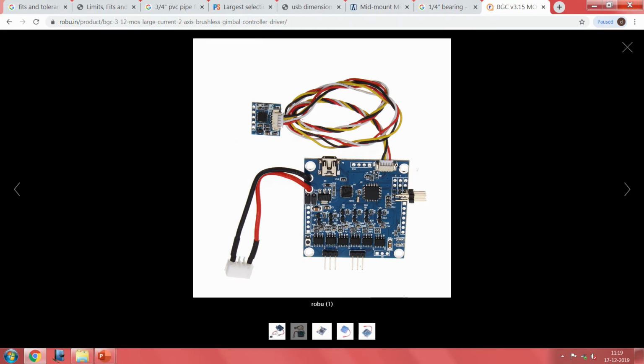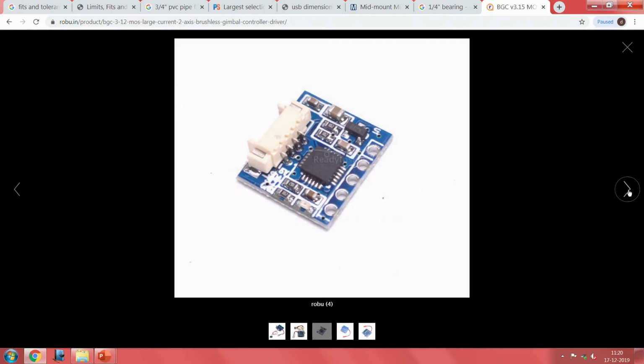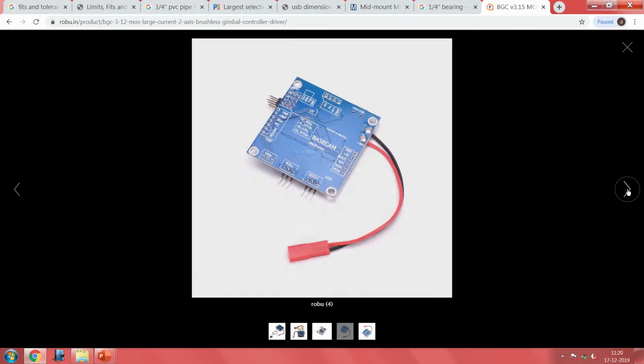What I wanted to tell you is, you see here in the 4 corners there are 4 mounting holes, and there are pins for connecting other things. Then this is probably a power supply or whatever it is. Everything is standardized, everything is easily available.